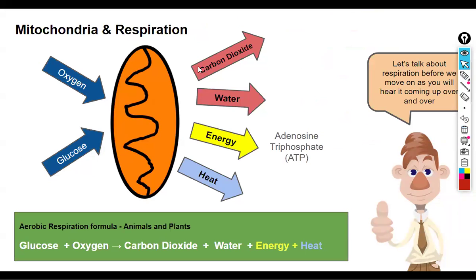So to make this story short, your body will take oxygen and glucose, and these two things will go into the mitochondria. The mitochondria is like a baking oven. It will bake the oxygen and glucose together. And guess what it will get? It will get four things. It will produce carbon dioxide, water, energy, and heat.